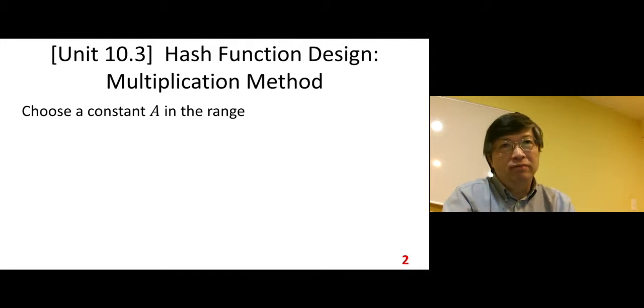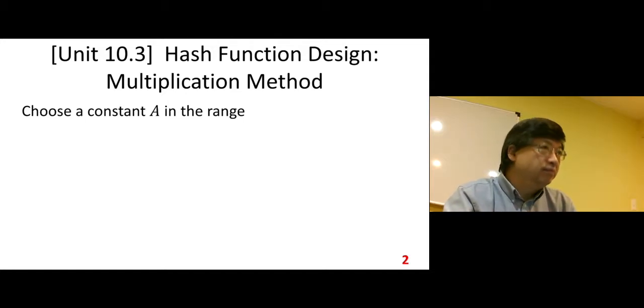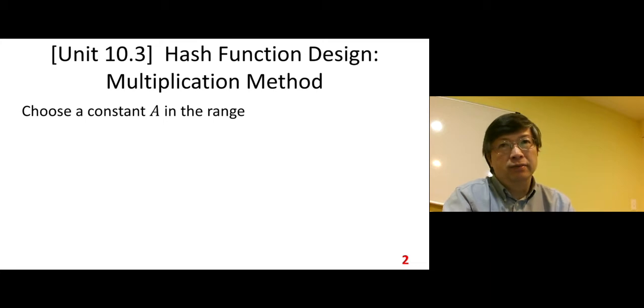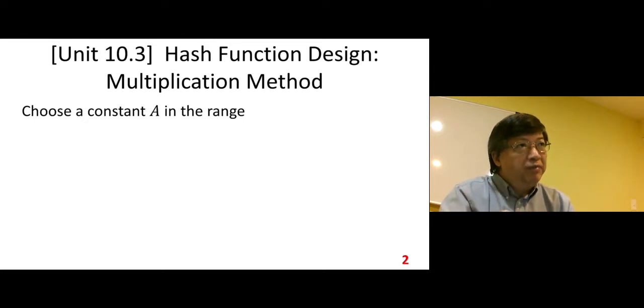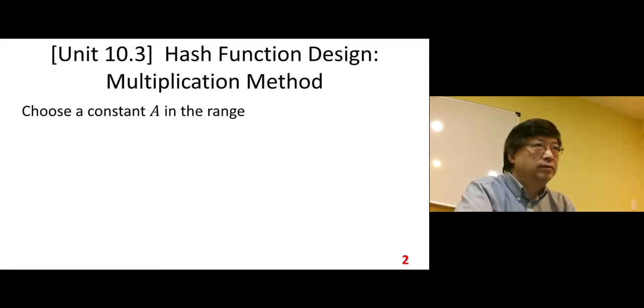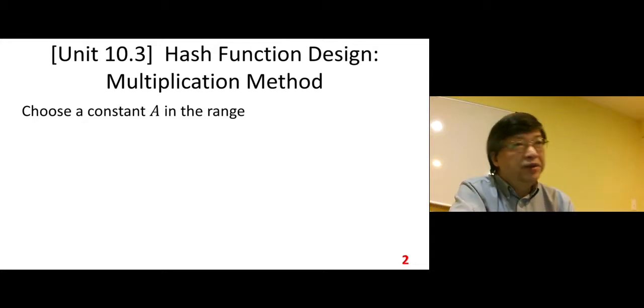That's the main goal. Break any possible pattern in the data. So how do we break the pattern? In this new method, we want to use multiplication to break the pattern. So how can you do that?